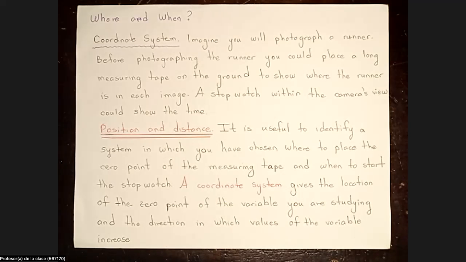Before photographing the runner, you could place a long measuring tape on the ground to show where the runner is in each image. A stopwatch within the camera's view could show the time.